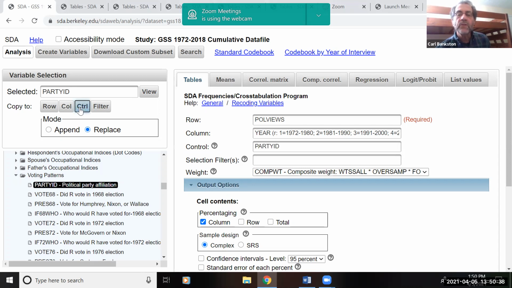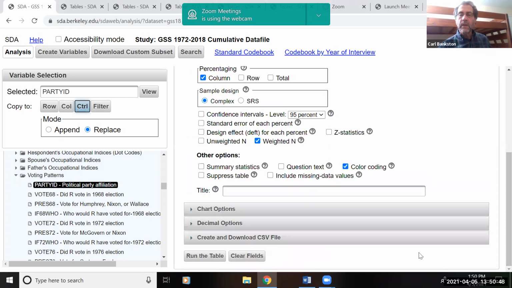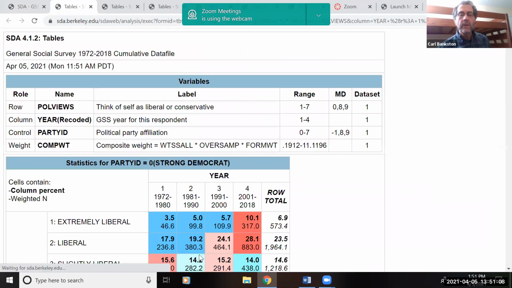Put that here in the control. What this means is that we'll get a separate table for each of the party identifications. And as you'll see, GSS includes more than just Republicans and Democrats. It also includes other, and it includes the strength of party affiliation. So let's run the table there.